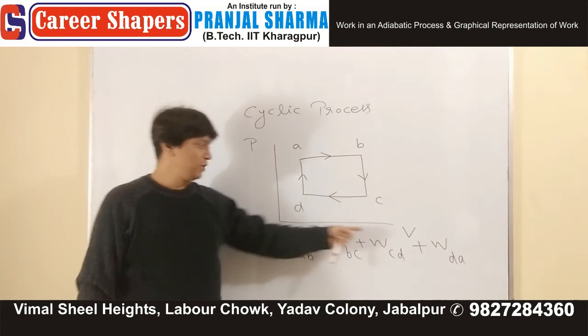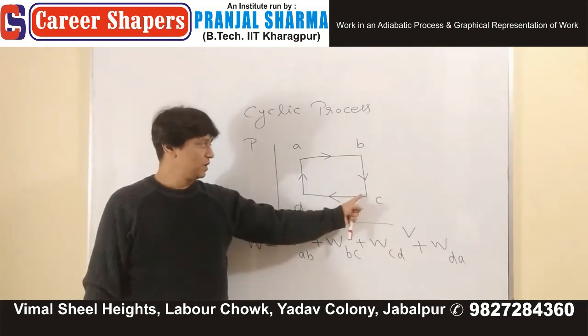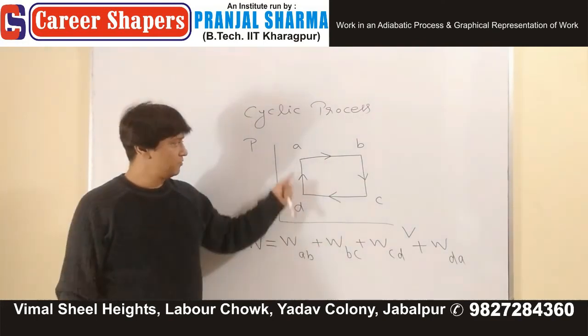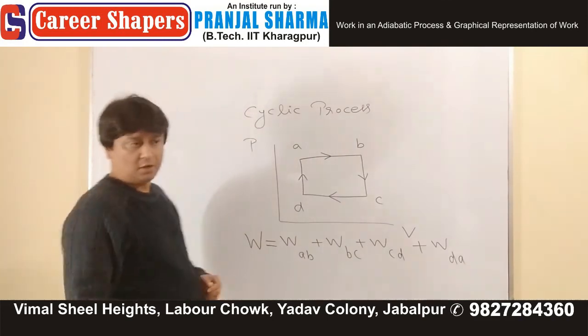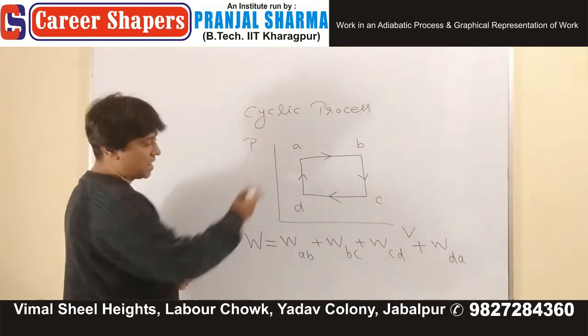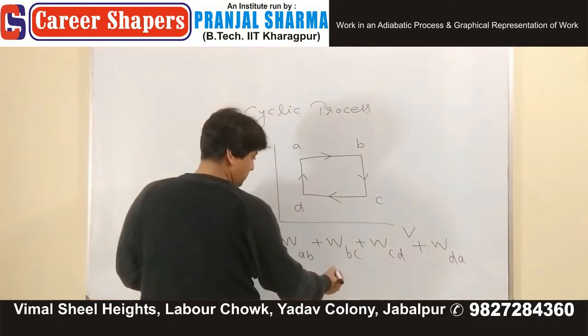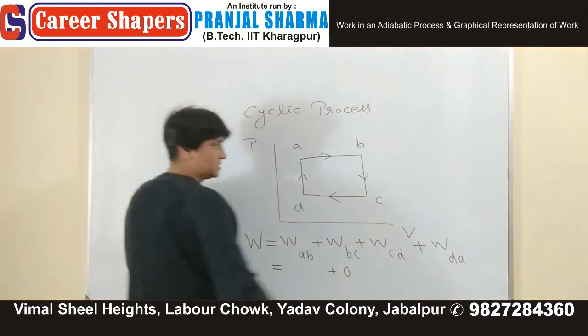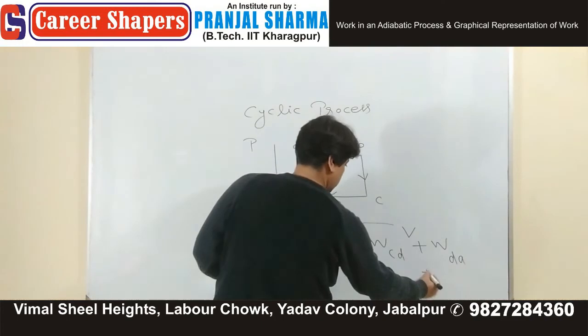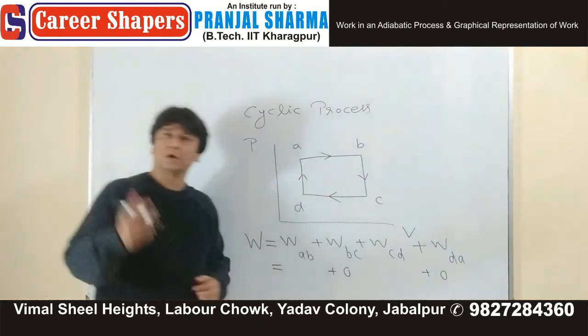It's a graph between P and V. What is work done from B to C? What is work done from D to A? Fast. Good. These are isochoric parts. So these are isochoric parts, then BC is 0, DA is also what? 0.